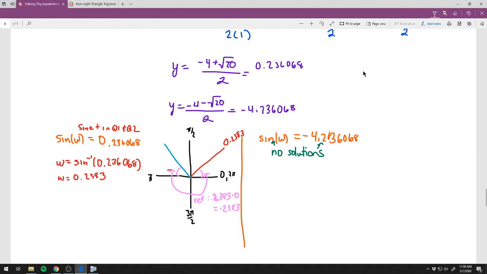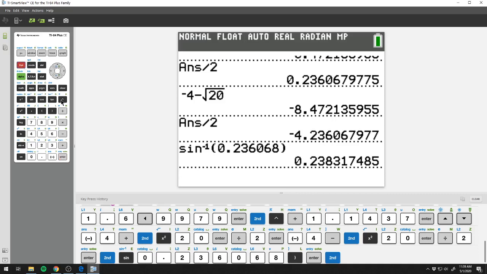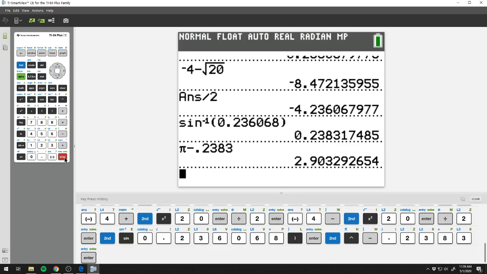That means our answer in quadrant 2 is pi minus our reference angle. And pi minus 0.2383 is 2.903.